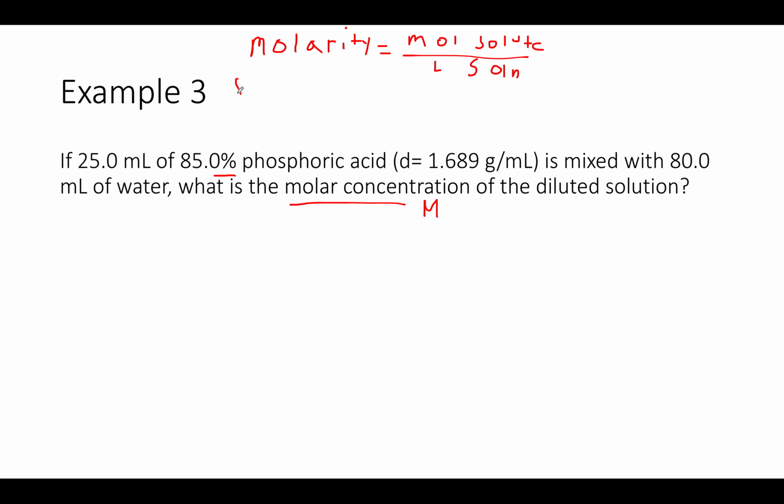An 85% phosphoric acid solution, H3PO4, has 85 grams of acid in 100 grams of solution.